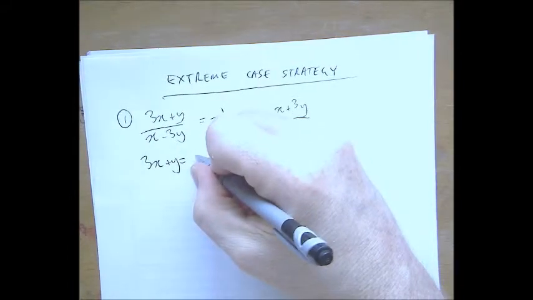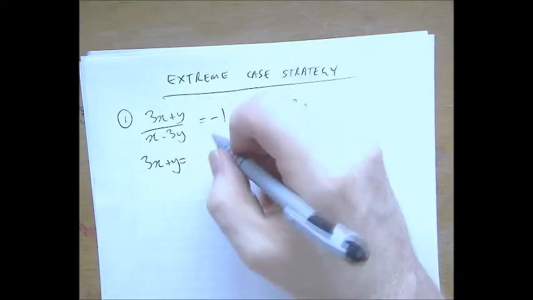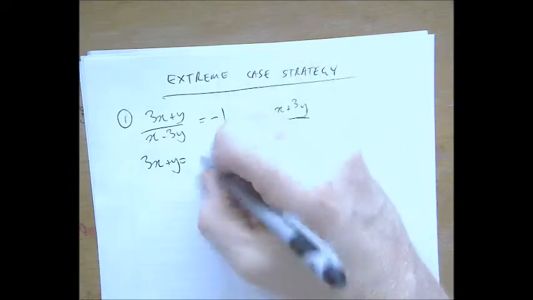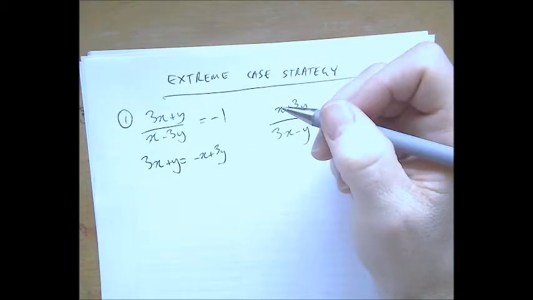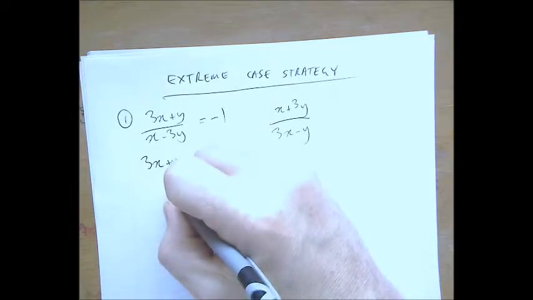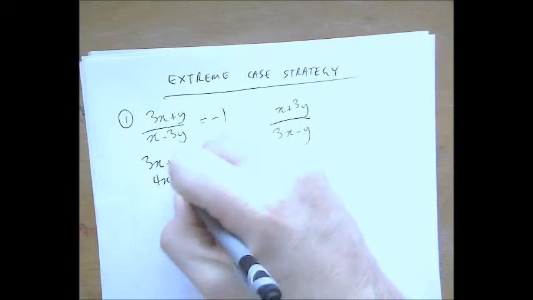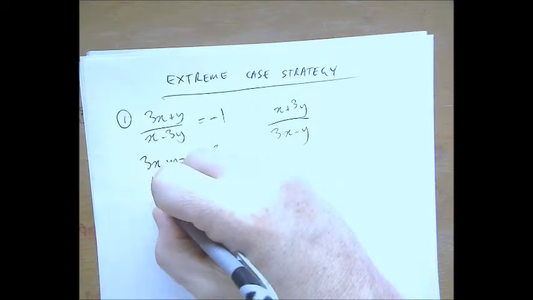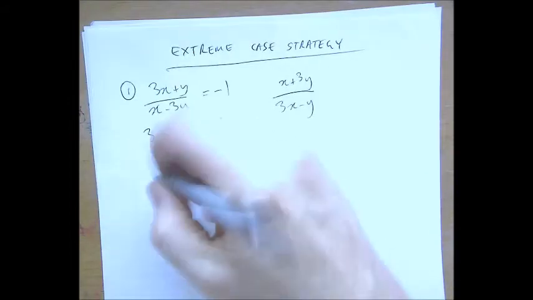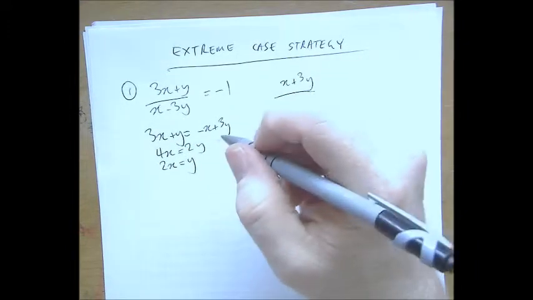First, I'm just going to make it a bit more friendly on my eye by timesing both sides by x minus 3y. So all I need is an example where y is twice x.